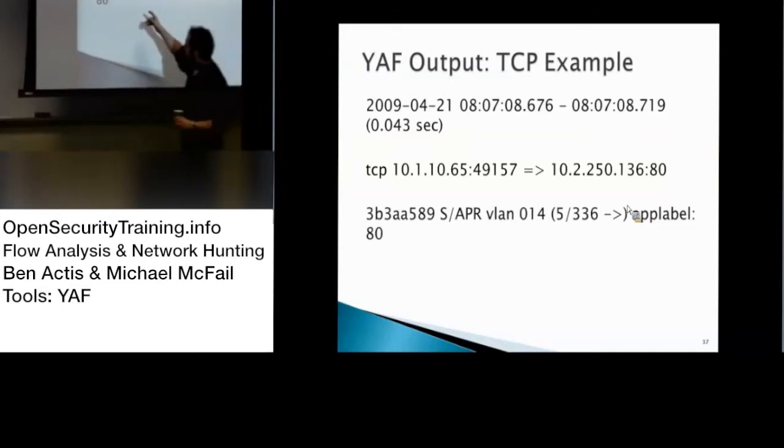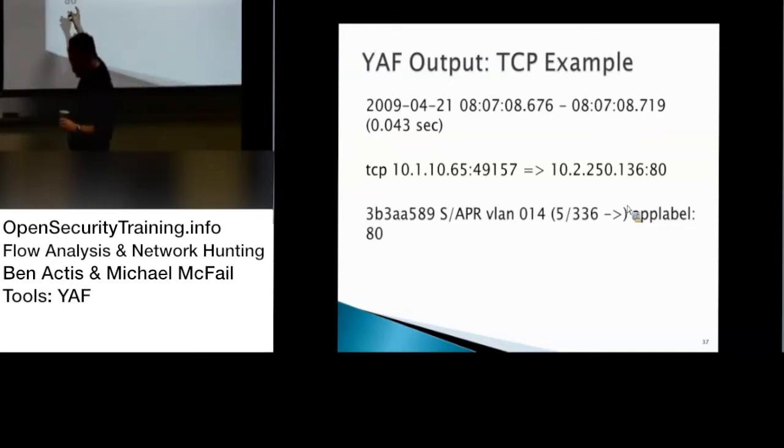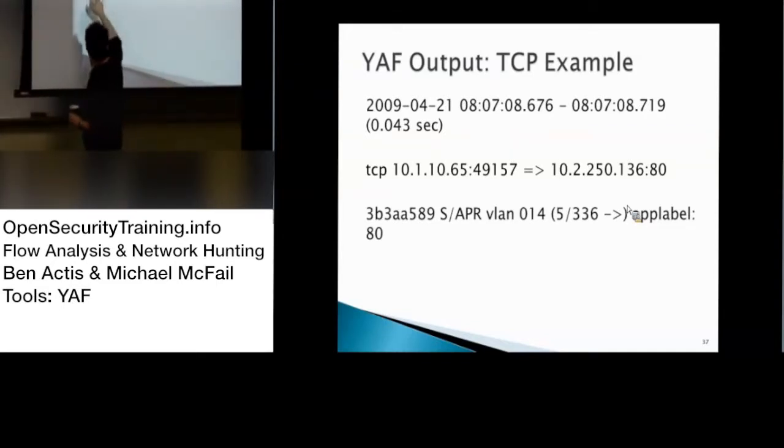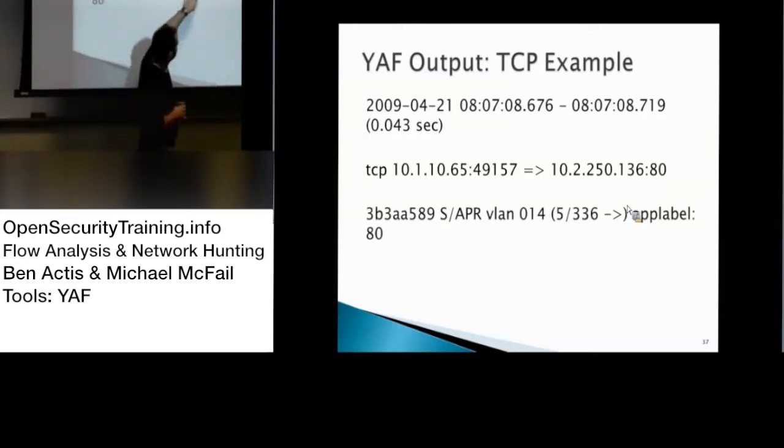This, I believe, is the sequence number. If you do man yaf on TCP, I think that's the first field there. And these are your flags. This indicates on one end it sent a SYN flag, and the other one responded with acknowledge, push, reset. If you have VLANs, it'll tell you what VLAN it was on here, which is really neat. And this is packets, bytes, and also what direction it was. And then if you had app label enabled, you'd see port 80 right here.